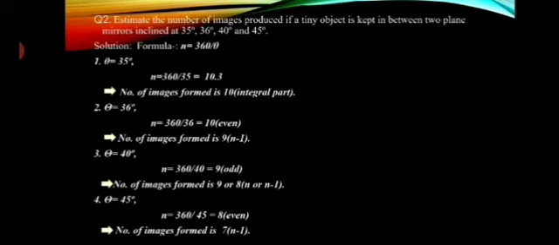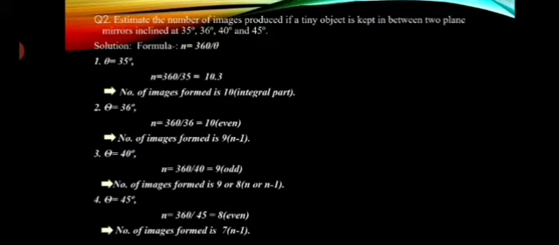Now for the third case, that is theta equal to 40 degrees, we get small n equal to 9. Now 9 is an odd number, so the number of images formed will be 9 or 8. Since the object's position here is not mentioned, it may be exactly at the angle bisector or anywhere between the two mirrors.